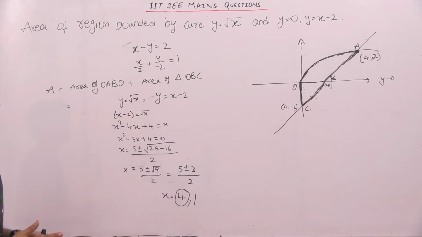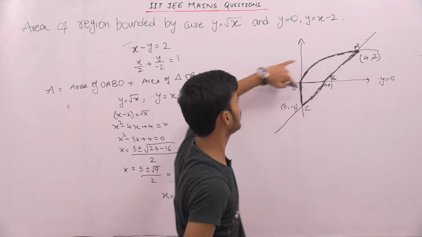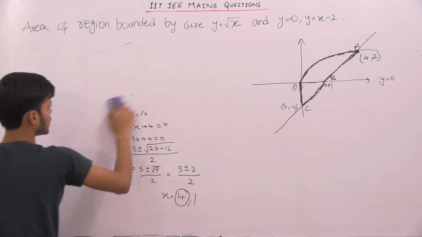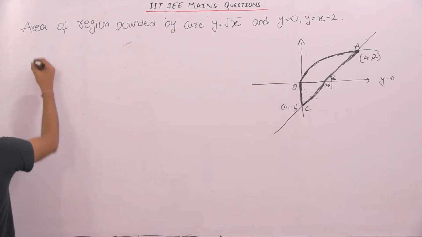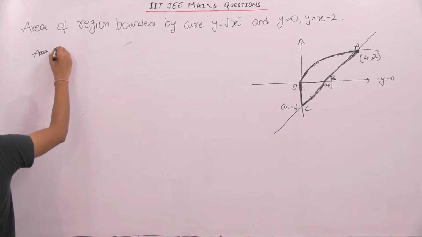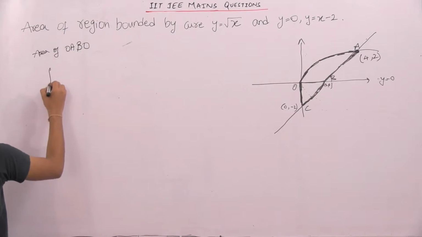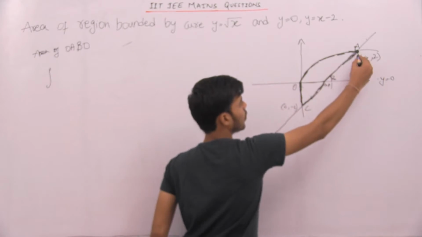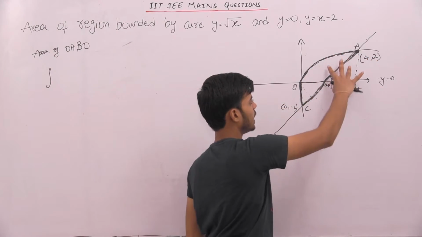Now let's solve this area in two ways. First, we'll solve it using the x axis, later on with the y axis, so that you'll have an idea how to solve other problems too. So the area of the region covered by OABO, if I do it in the x axis, is the integral from 0 to 4 of the curve, which gives me the entire area.